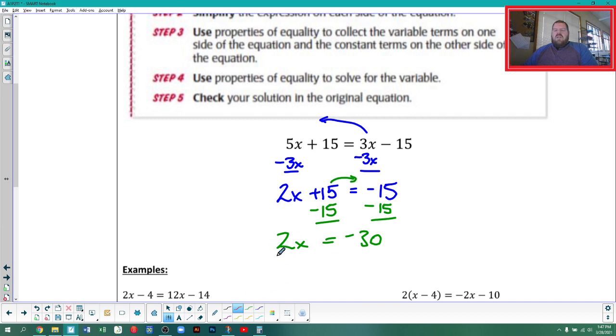And then the last thing I'm going to do is use my properties of equality. At this point, I should have just a one-step equation, a multiplication or division type. So I have 2 divided by 2 over there, negative 30 divided by 2 over there, and I get x equals negative 15.